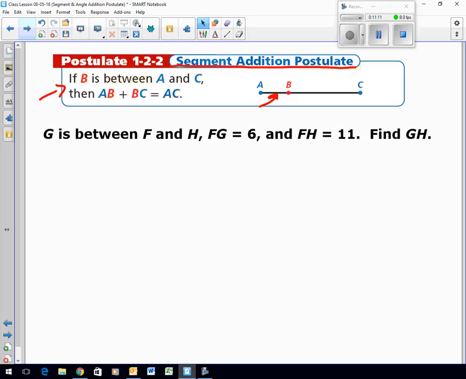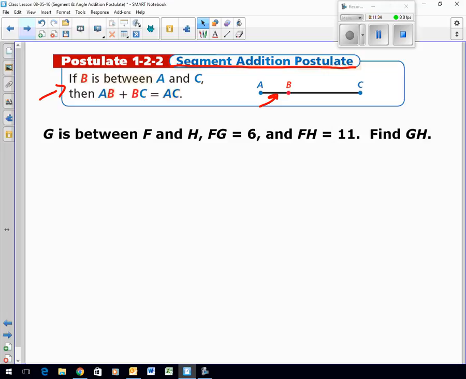What is our segment addition postulate? Here it is. If point B is between point A and point C, then line segment AB plus line segment BC equals line segment AC. I'm sorry, you're right, let me say it correctly.